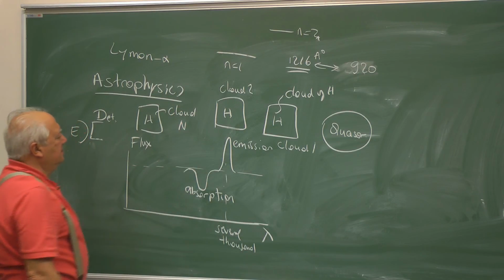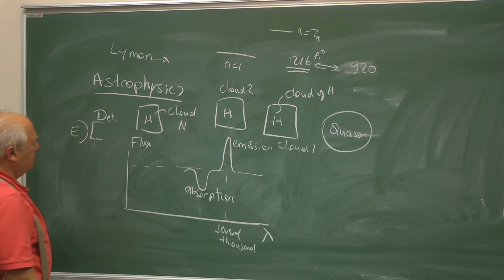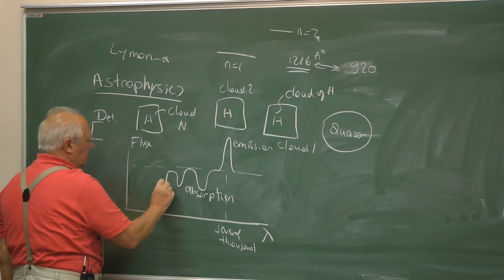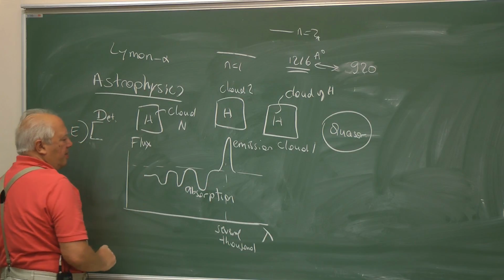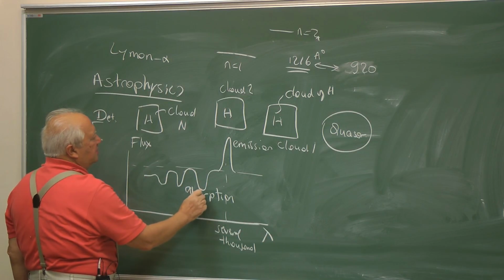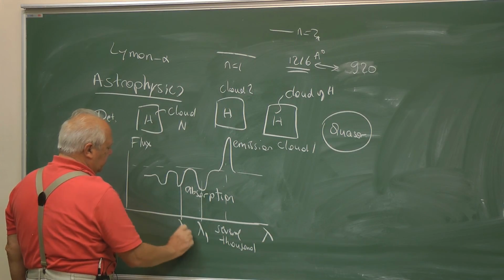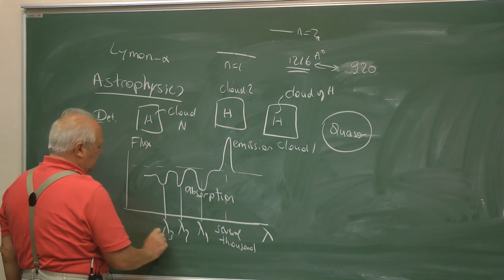So you get absorption for each of these: for cloud 1 we will have lambda 1, then lambda 2, lambda 3.